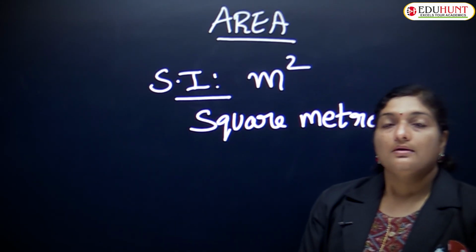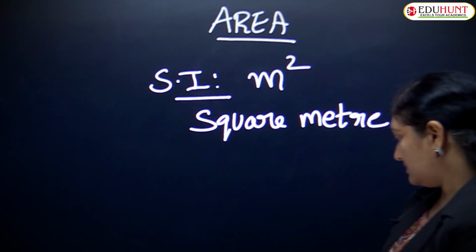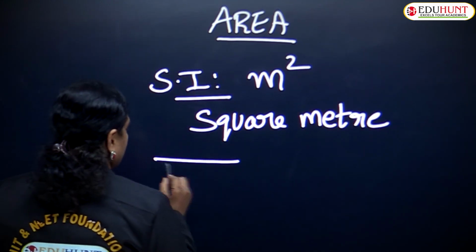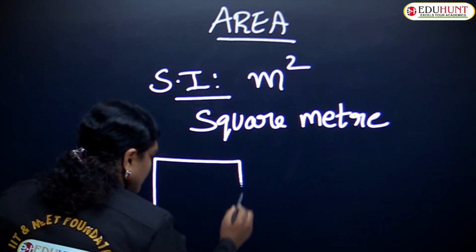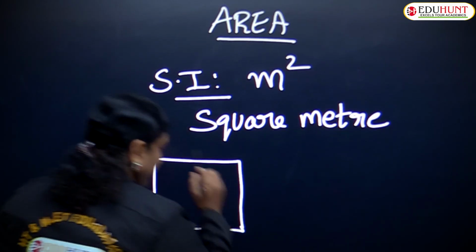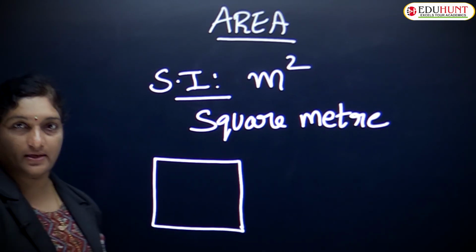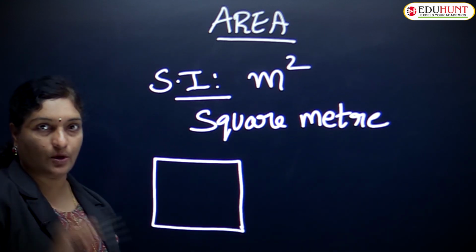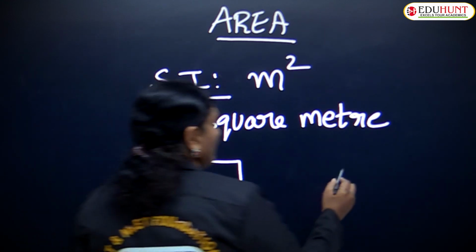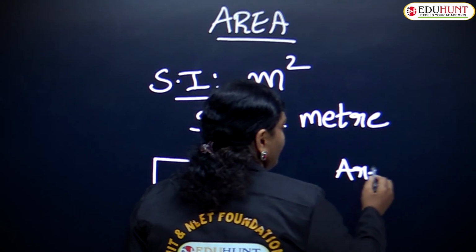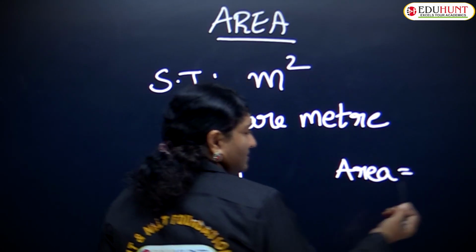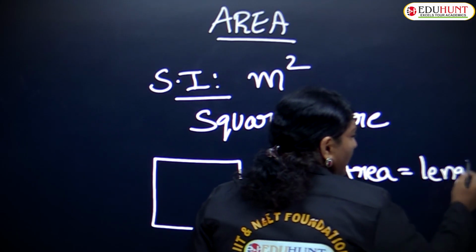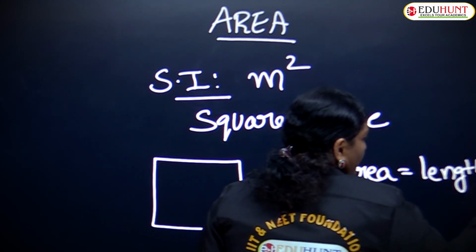Suppose you consider any square object, something like this. Square object means the length and breadth must be equal. Generally, we define the area of any object that is rectangular or square. For a rectangle, it is length into breadth.